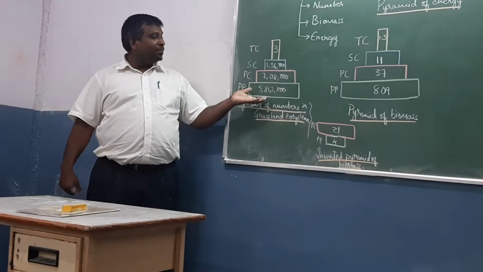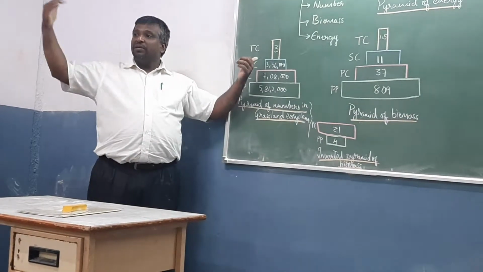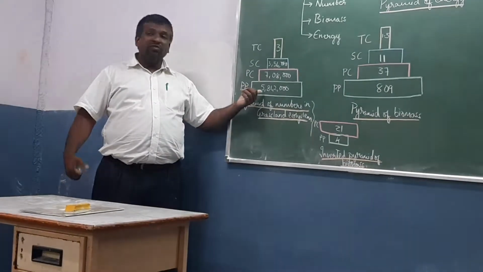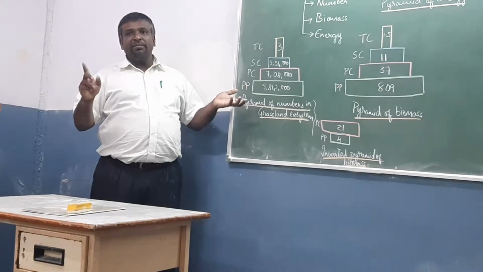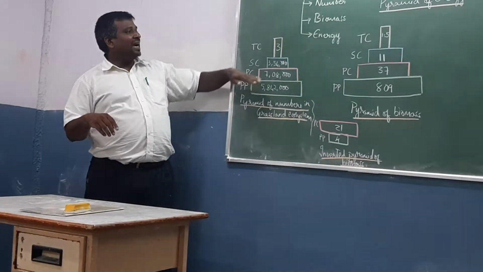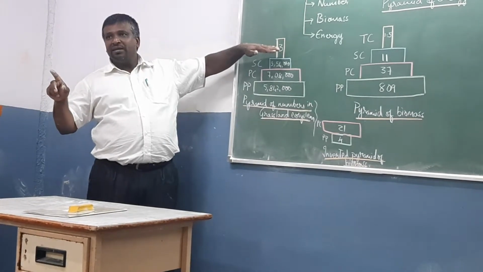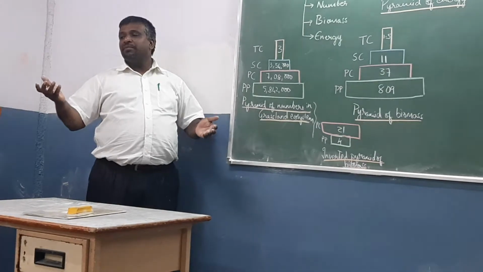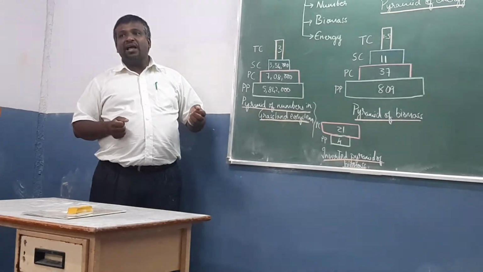That is how the numbers decrease, and at the apex you always find the top trophic level or top carnivore. At the base, which is more, there are the producers. In ecological pyramids, always remember the base is occupied by the producers and the apex by the topmost trophic level, the tertiary consumer or secondary carnivore.